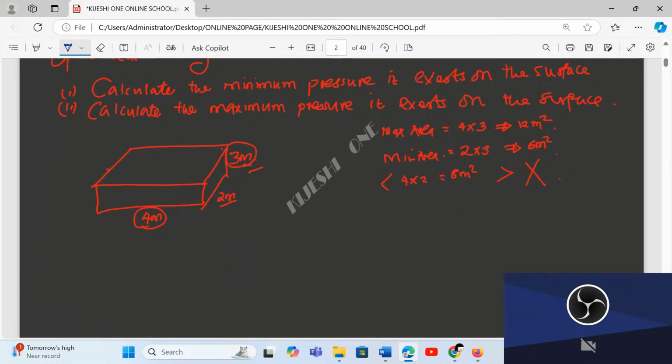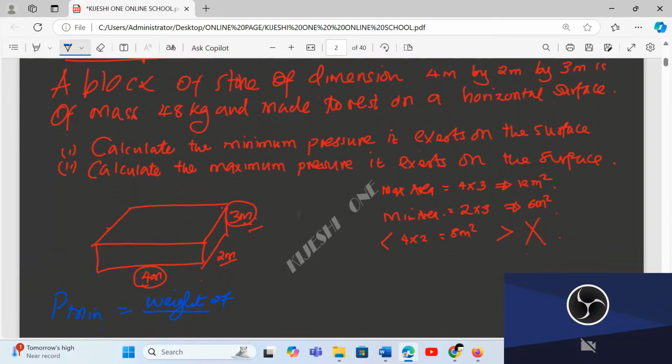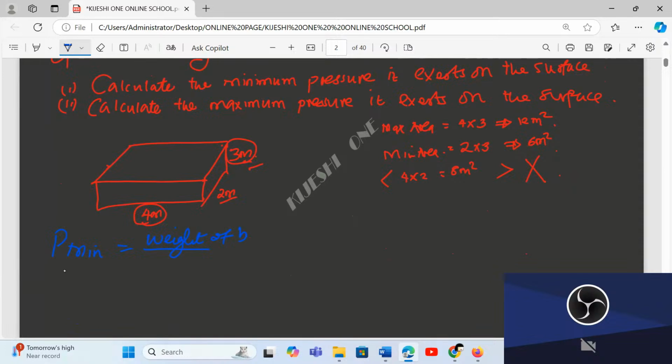So the first thing is that for us to get minimum pressure, we can say minimum pressure, P minimum, will be given by the weight of the block divided by the maximum area, A maximum.